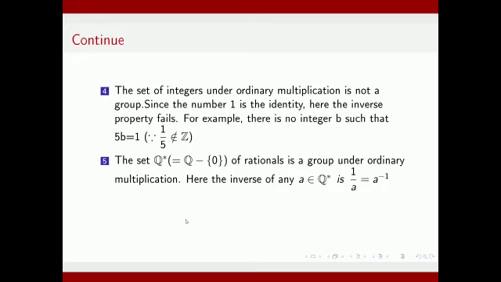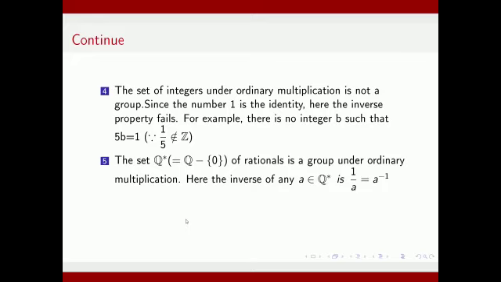It doesn't give 1, therefore 0 does not have inverse. Here inverse property fails. Therefore Q is not a group with respect to ordinary multiplication.